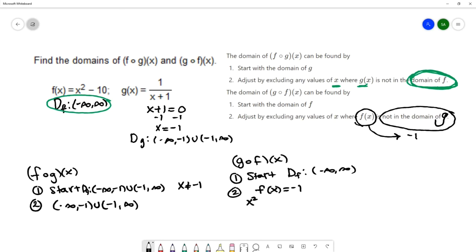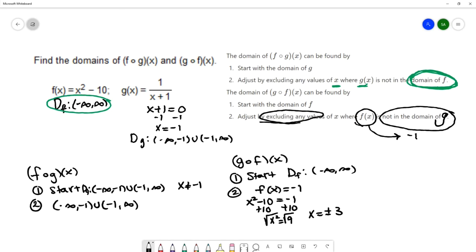That's x squared minus 10 equals negative 1. I can add 10 to both sides to get x squared equals 9. I can square root both sides to get x equals plus or minus 3. And plus and minus 3 are my additional values that I need to exclude.